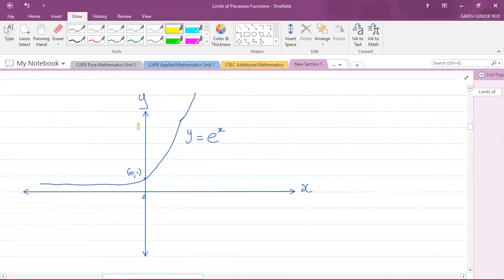So if I'm approaching infinity, large values of x, the graph will always be up here. The graph is shooting off to infinity. So what it means is that e to the power of infinity is going to approach infinity.